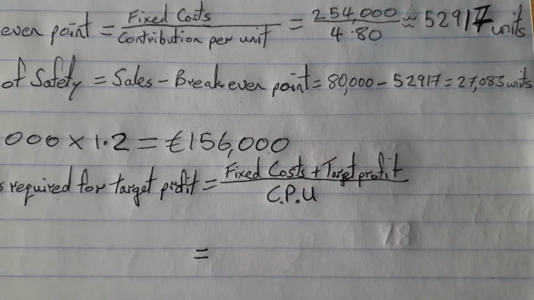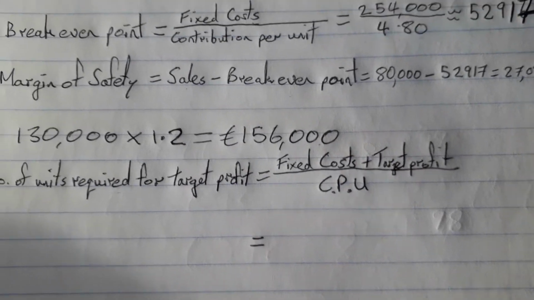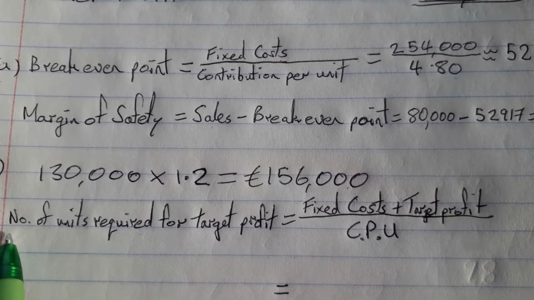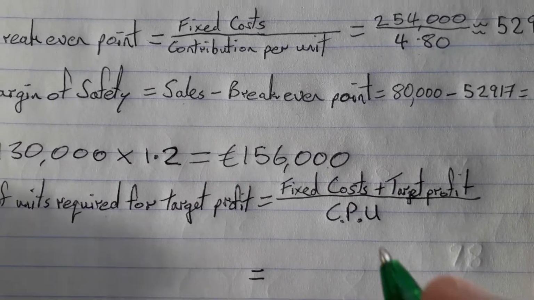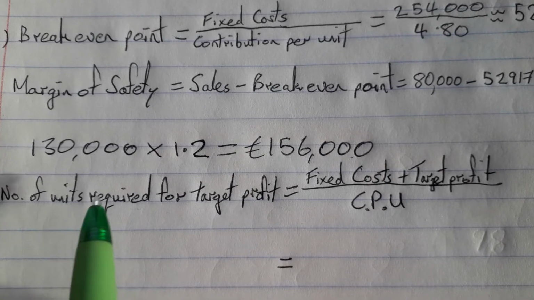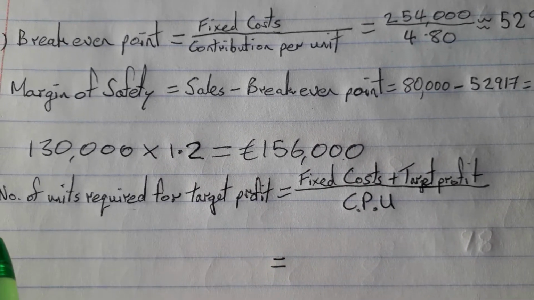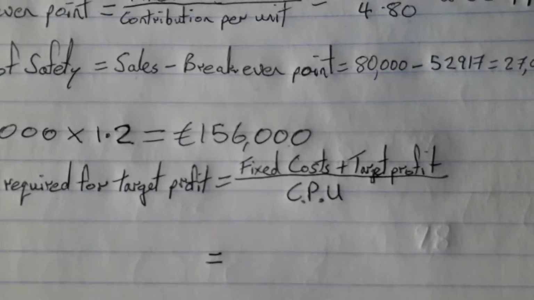And again, you can calculate this in euros or units normally, but since this is the number of units required, we really want it to be in units. But if you then wanted to, like the amount of sales required for a target profit, you could always take your answer and again multiply it by 11 to get a euro figure.